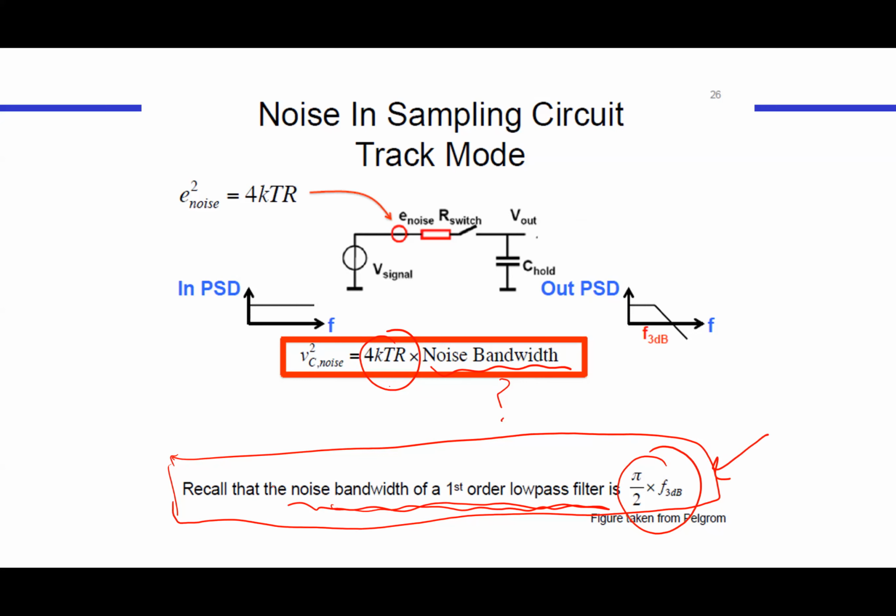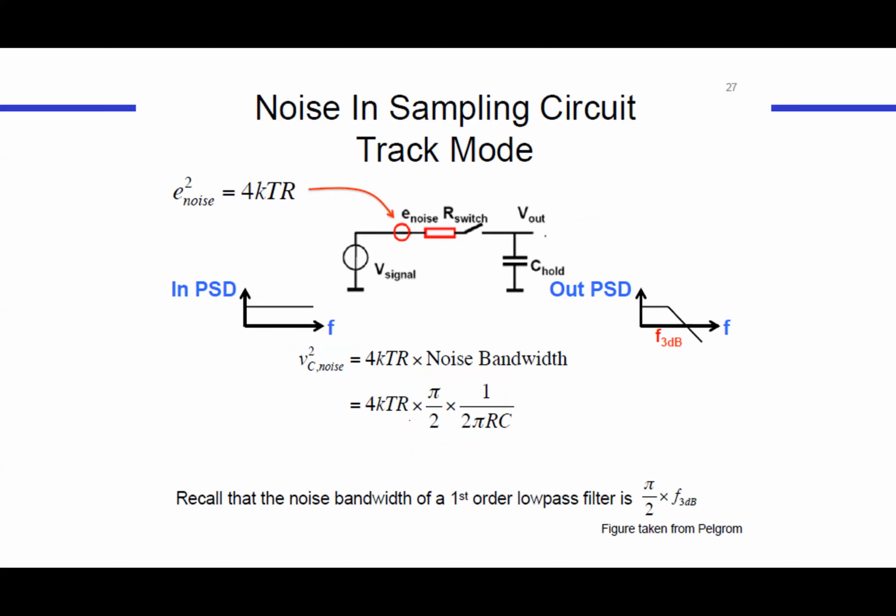So now, in order to find the noise that will be sampled on the capacitor, we multiply the noise bandwidth with the 4kTR over... the pi goes with the pi, 4 goes with the 4, R goes with R, and therefore we end up with kT over C. And this is a very famous term that you should know.